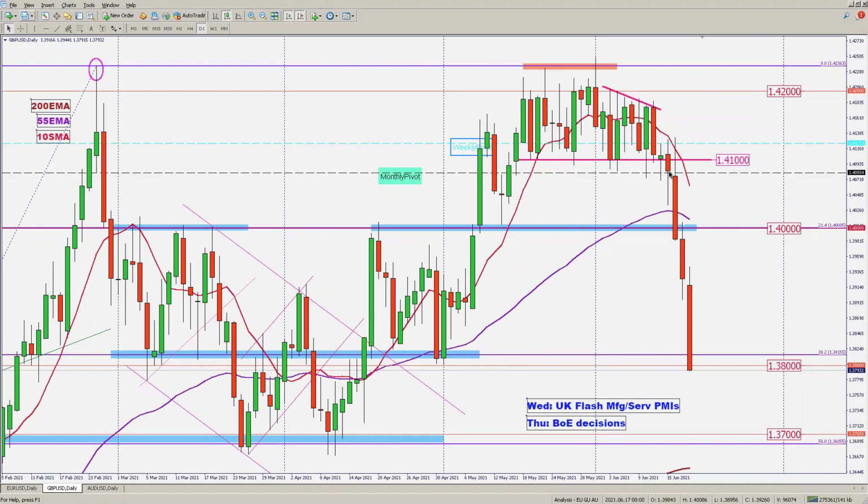And the monthly pivot fell on Wednesday right through below 140, and then continued further all the way down to 138, just below 138 on Friday. So that's a very bearish move right through this support zone.